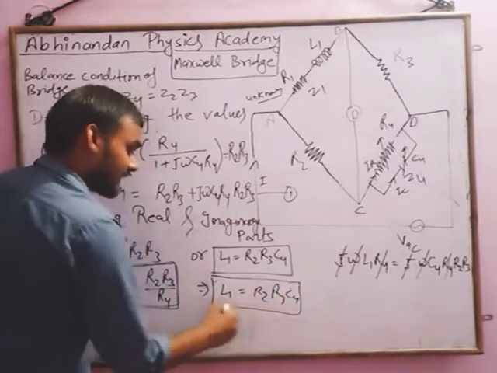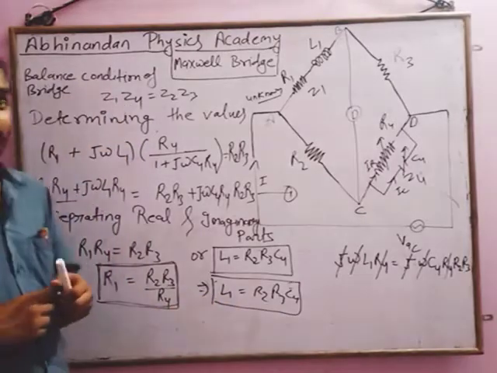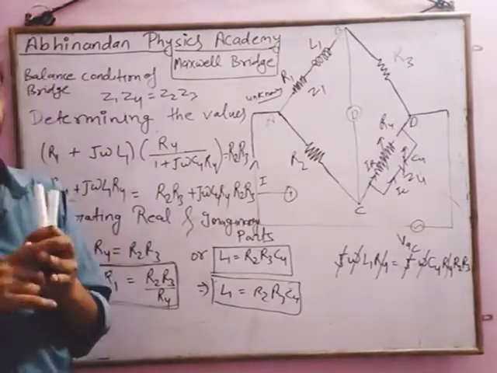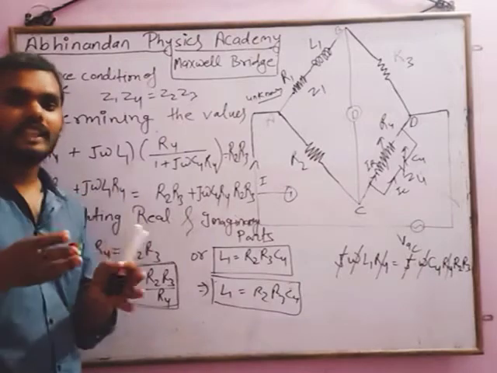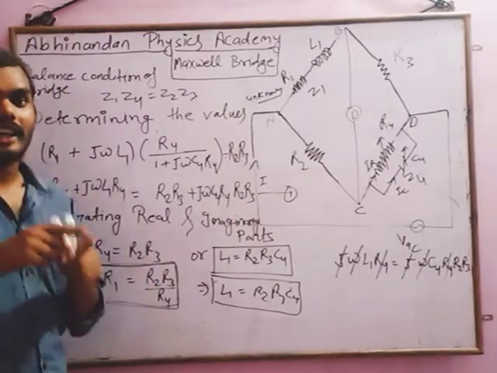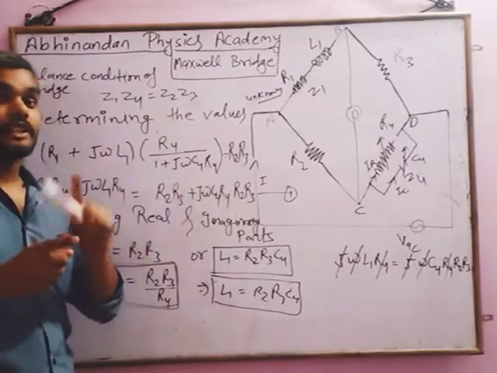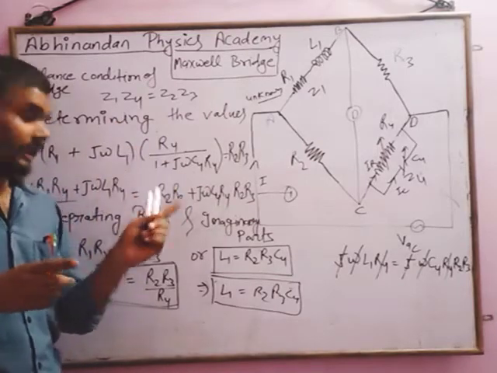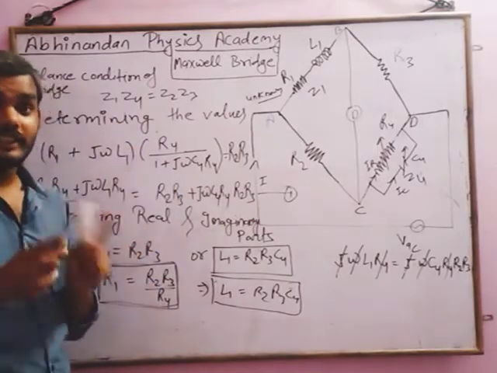So if R2, R3, R4 or any three resistances are given and one resistance is unknown, we can find it by the Maxwell bridge. We can also find R1 as in the Wheatstone bridge.